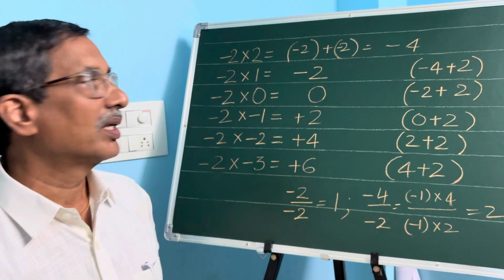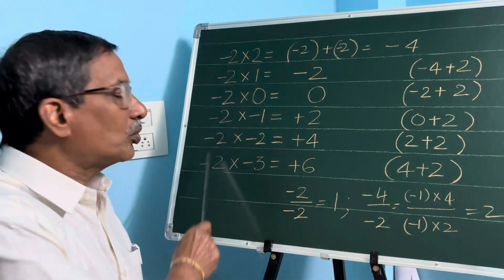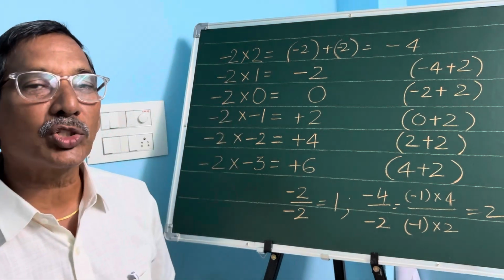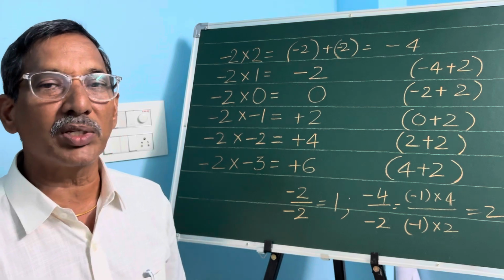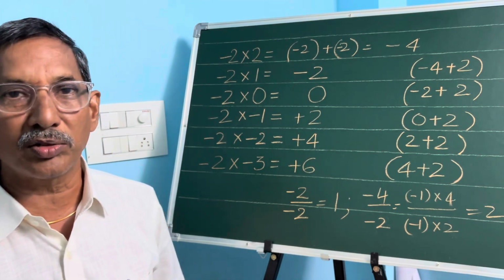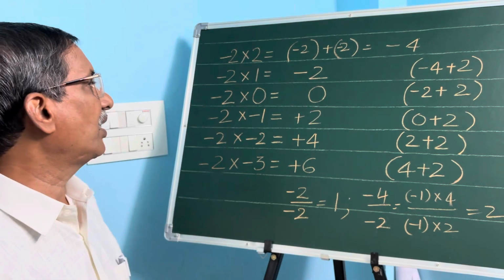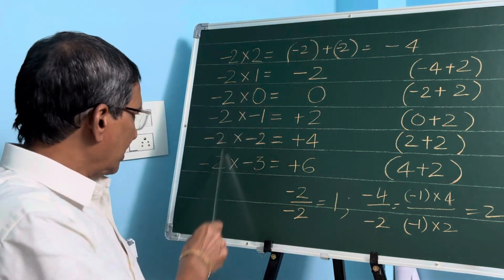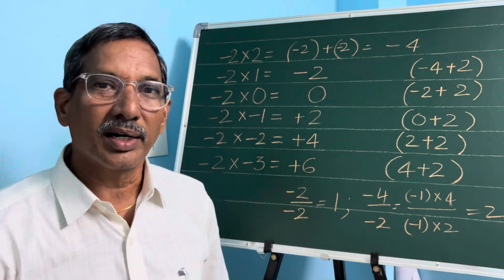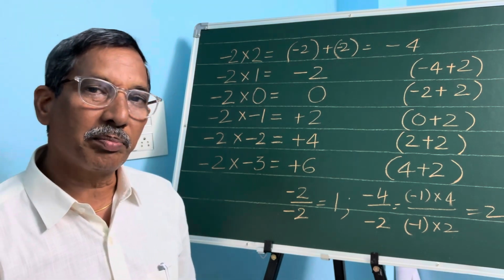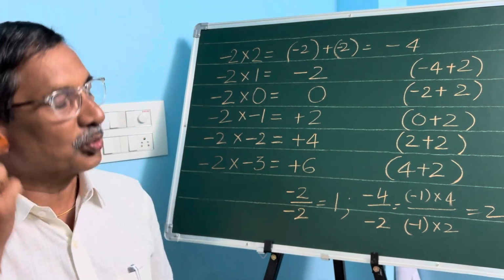See here, we have the minus 2 table. In the multiplication tables, generally we have tables of positive numbers. Here we write the table of minus 2.